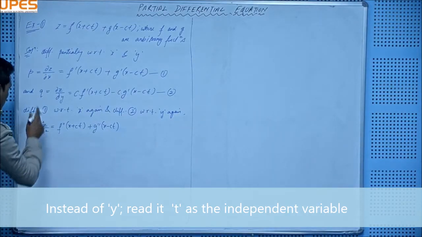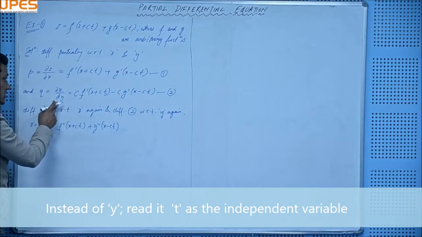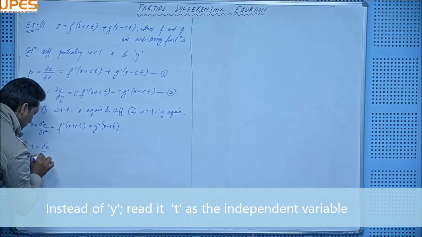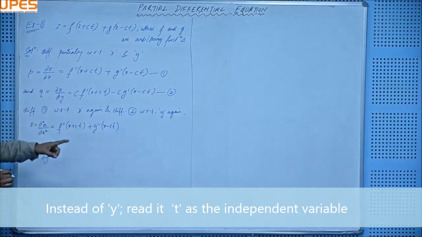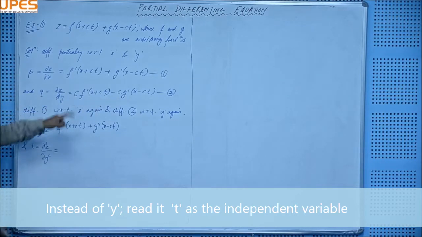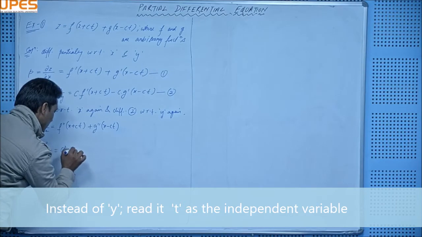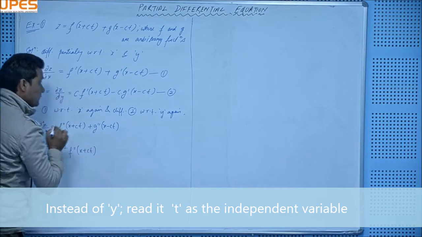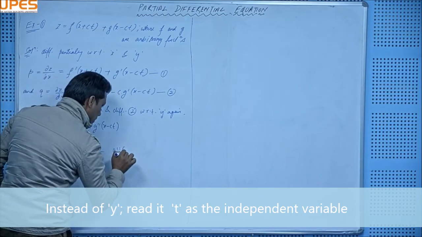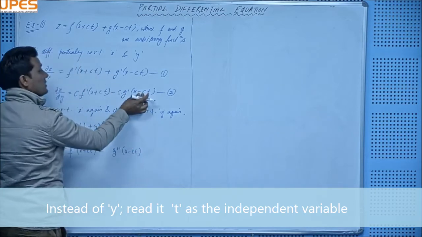So differentiating it, I will get del square z over del y square, that is denoted by letter t, that will be c square. c square will appear here because of f double dash of (x plus ct), and differentiating this thing with respect to t will produce one more c, so ultimately we will be having c square f double dash of (x plus ct), minus differentiation of this thing again, g double dash of (x minus ct), that will produce another minus c.